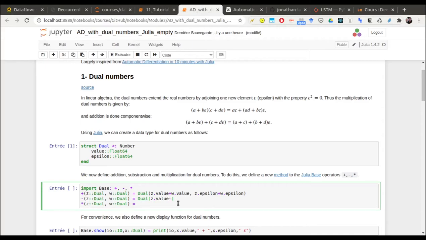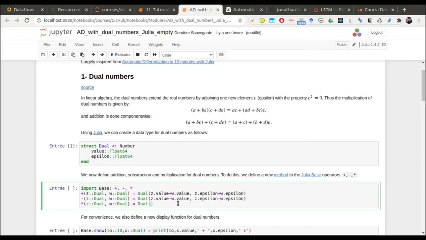So now it's Z value minus W value, and Z epsilon minus W epsilon. So the fun part is coming here.